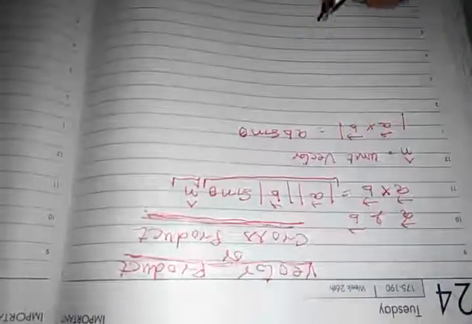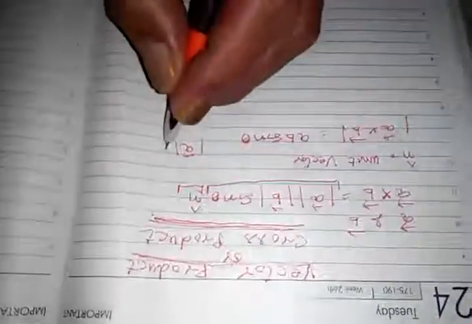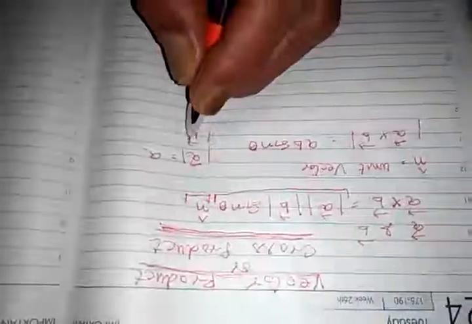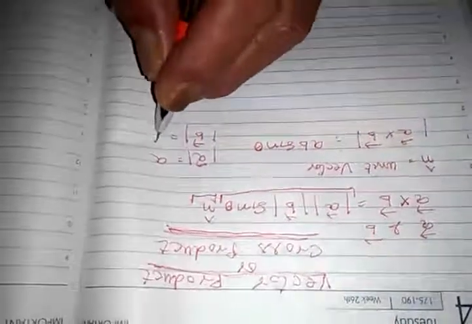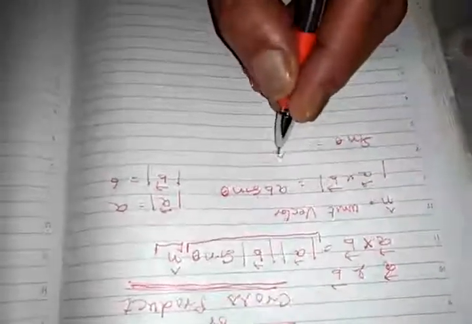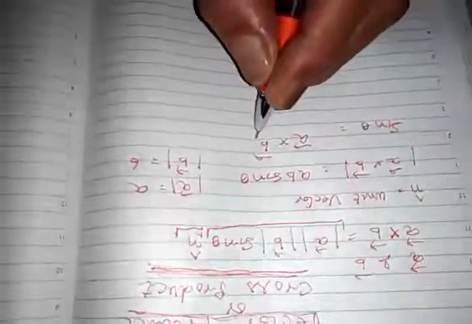AB sin theta. A जो है हमारा मैग्नीट्यूड ऑफ वेक्टर A, B मैग्नीट्यूड is equal to B, right? Angle between the two vectors, here sin theta can be calculated as sin theta is equal to magnitude of A cross B over AB.